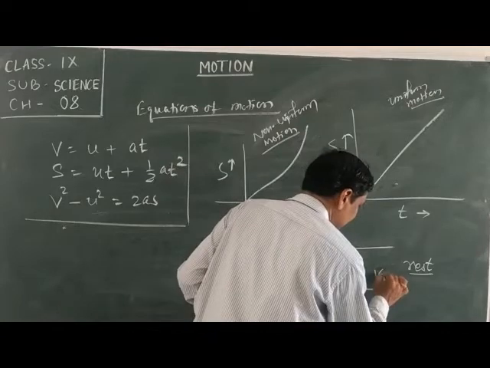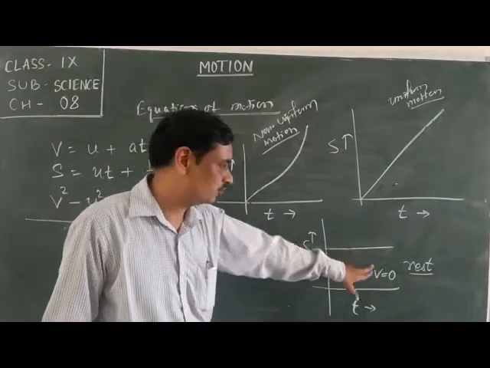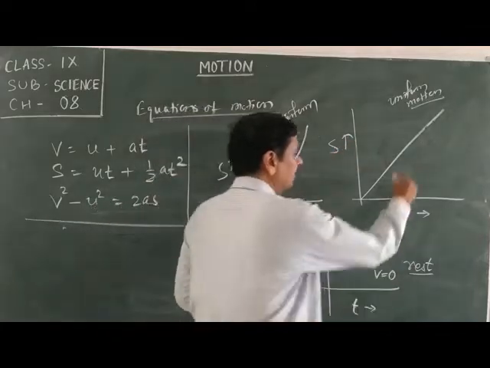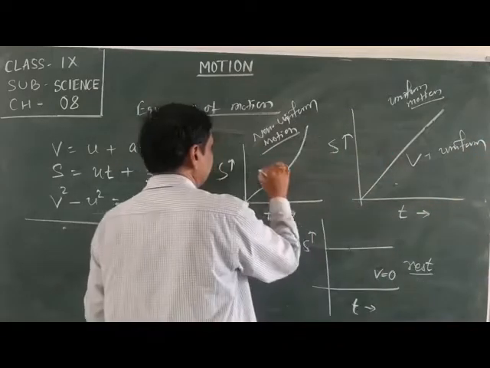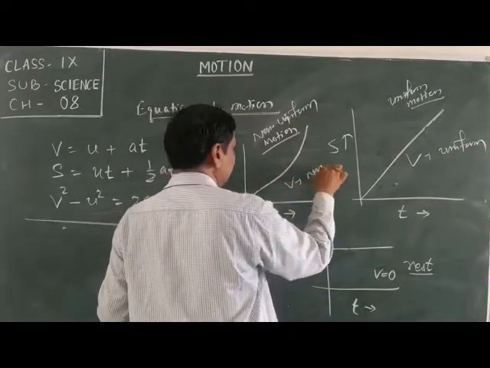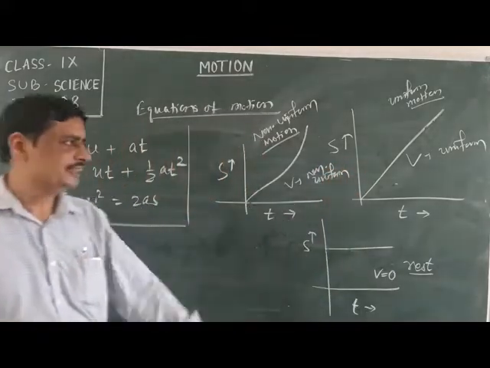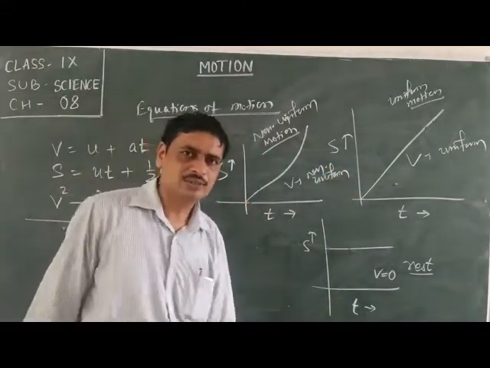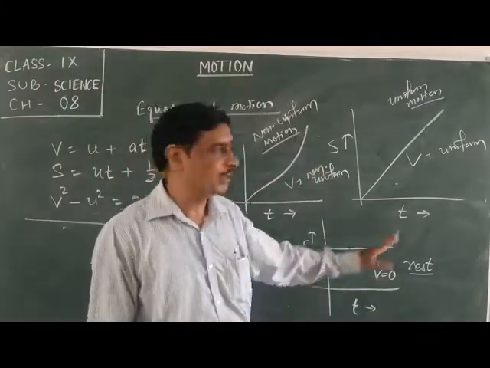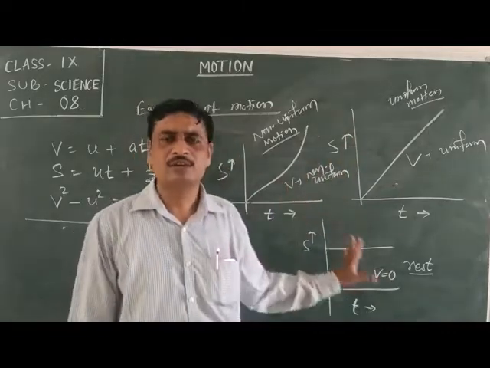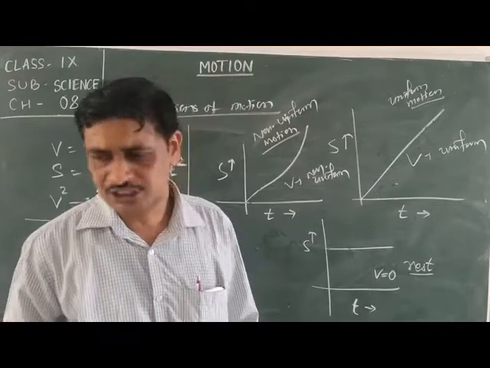Here, velocity is 0, the body is at rest. Here, velocity is uniform. Here, velocity is non-uniform. On this displacement time graph, we can know the condition of the velocity, whether it is uniform, non-uniform, or 0.